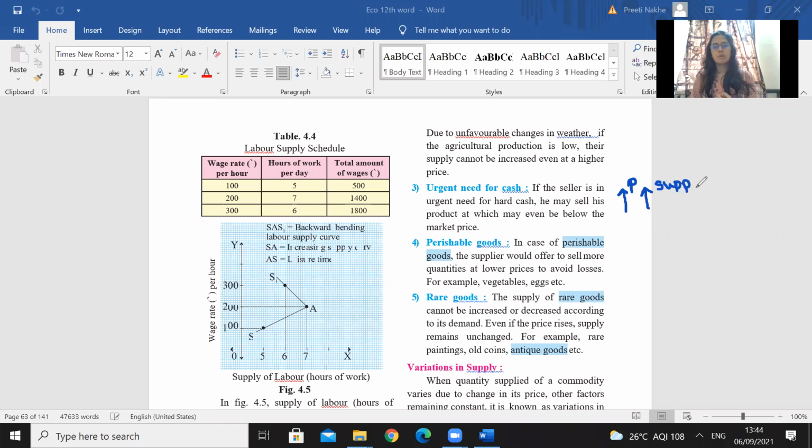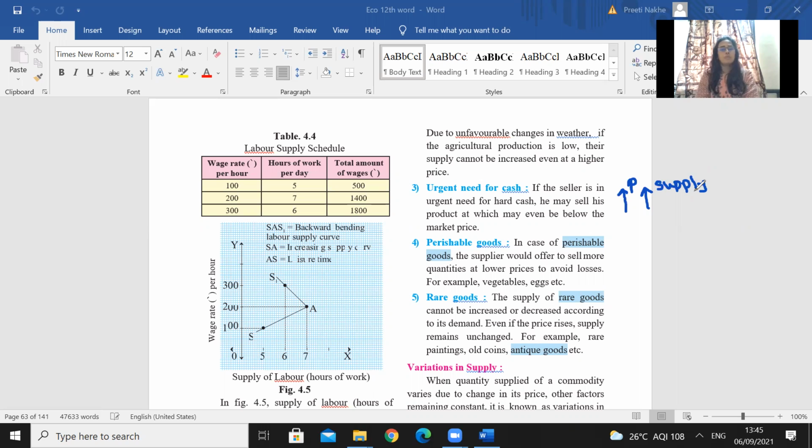Suppose a person needs money for a medical emergency and is selling his gold, building or house. He is not going to wait for the price to rise. He needs money on an urgent basis, so he will supply whatever the price is.